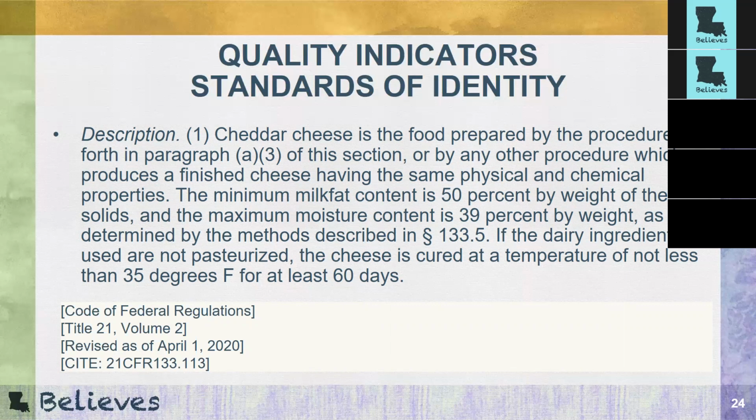So this was just a very small part of the product description and the quality indicators or standard of identity that cheese food products have to have in order to be called cheddar cheese. Part of the description is listed on this slide, but there is a number of other criteria. So the bottom line is if you're purchasing cheddar cheese, you know that it must meet specific quality standards to bear the name cheddar cheese.